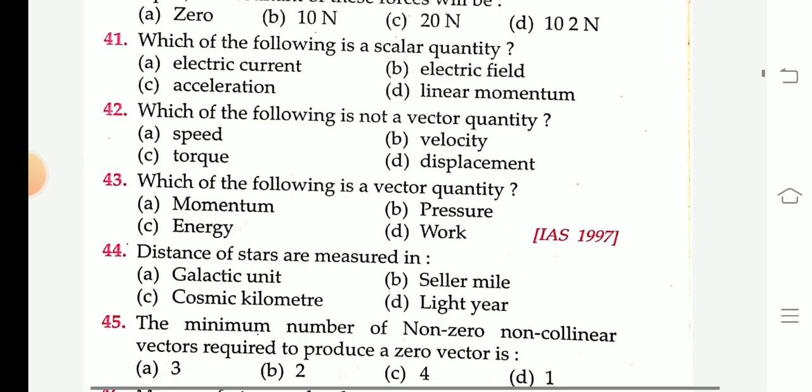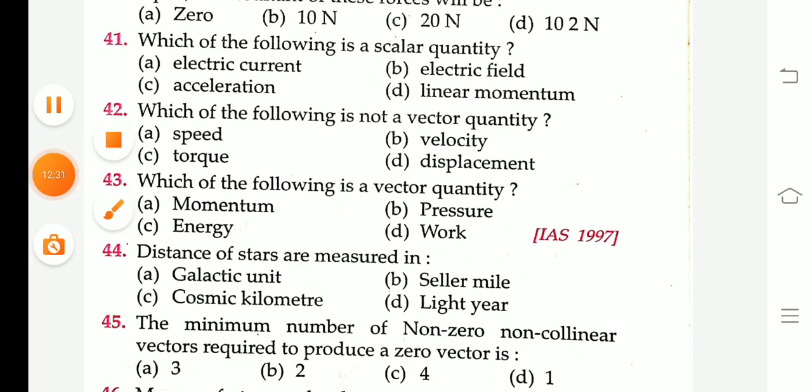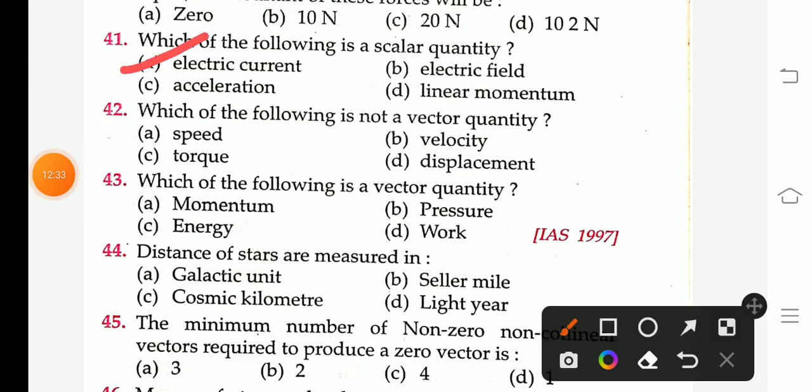Which of the following is a scalar quantity? Electric current. Which of the following is not a vector quantity? Speed. Which of the following is a vector quantity? Momentum.